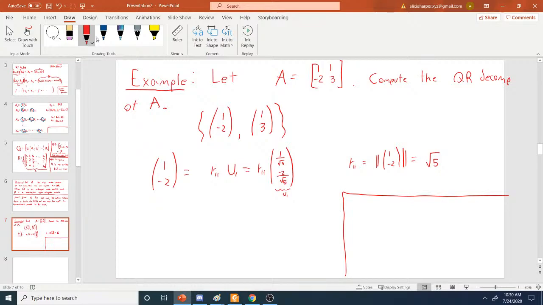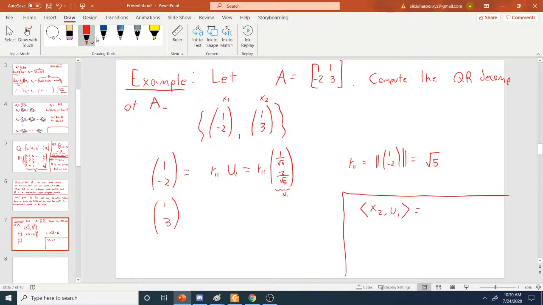What I need to compute first off is I need to take my U1 and my x2. In this case, my x2 is this. This was my x1. And then I have to compute the inner product of x2 with u1.